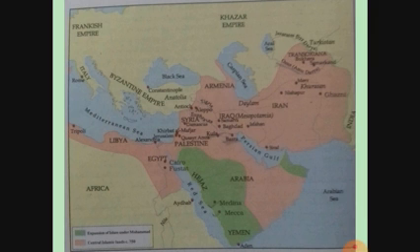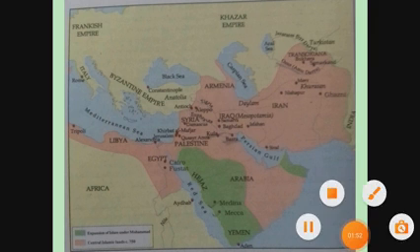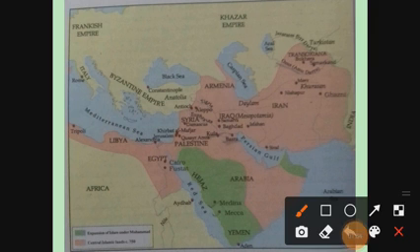So this map is given in the book also. I'll tell you these are the important places. So firstly, the Abbasid capital, it is Baghdad here near to the Persian Gulf. Then the capital of Umayyads, it is Damascus here where Syria is written. Just below that you will find Damascus.